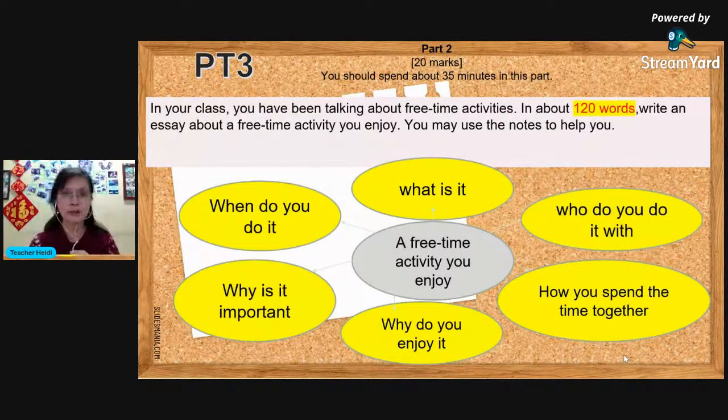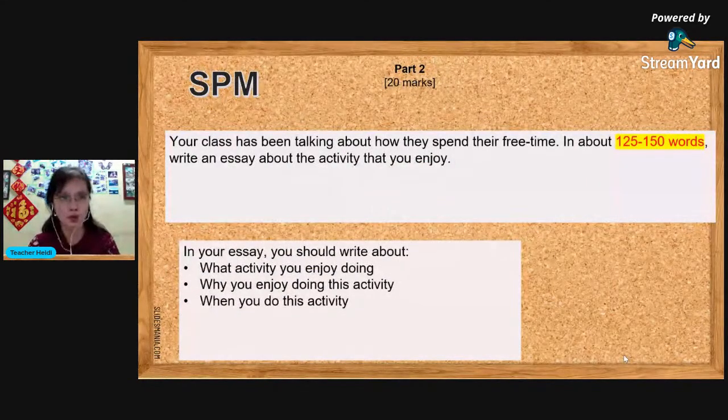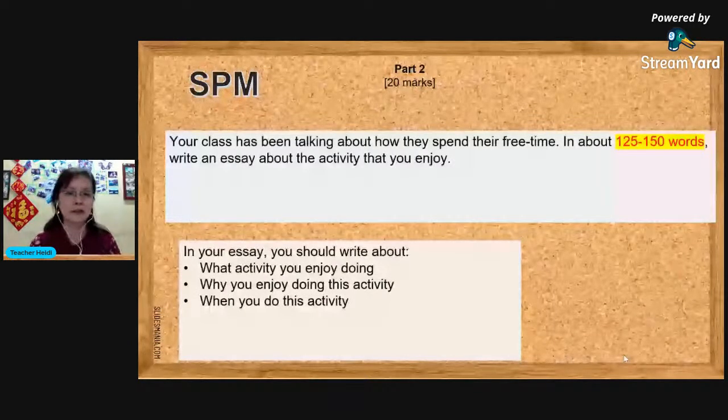Okay, so for SPM, basically it's exactly the same question, but now you're required to write about 125 to 150 words, which is slightly more. Then you won't be given 6 questions to guide you.